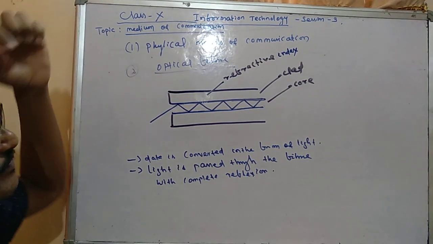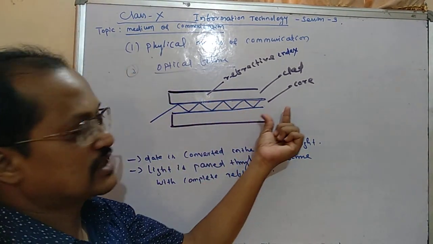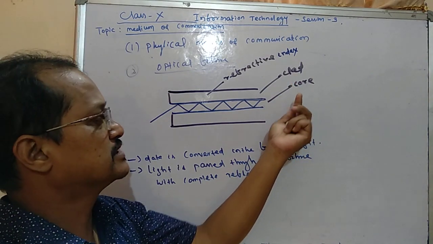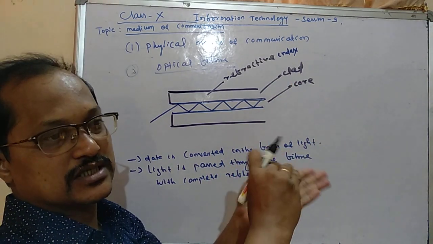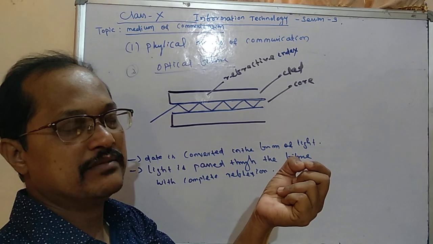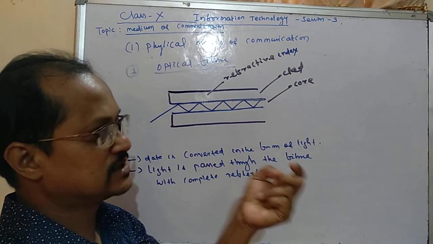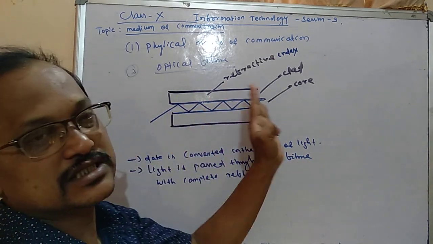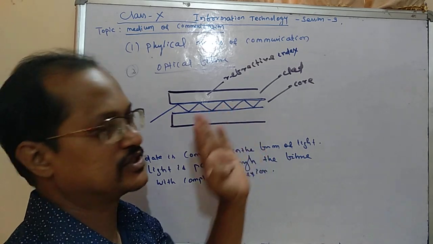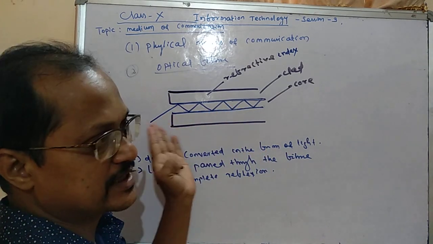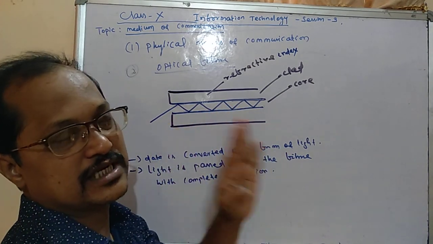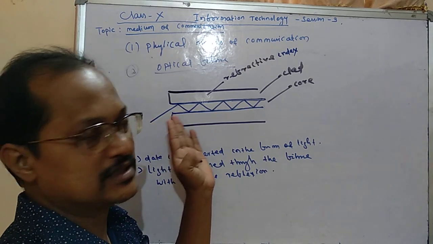For a long distance, splicing is made. Sometimes a joint occurs, and at that time a little amount of data is lost. Otherwise, for a long distance, optical fiber is the best for communication. Among all physical communication, optical fiber is the best one.